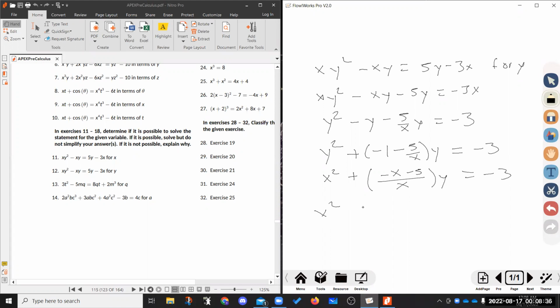Take half of it and square it. So we have 2x squared, that's 4x squared. Square the numerator is going to be x plus 5 squared.